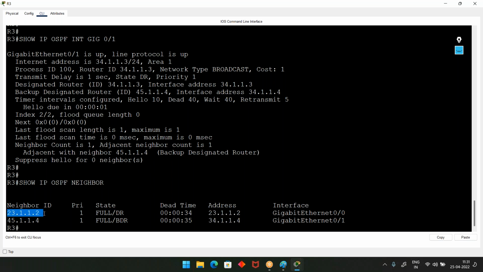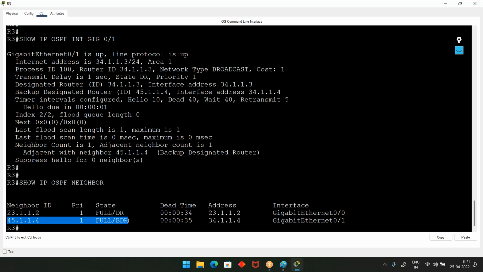For the 45.1.1.4 neighbor, R3 will be the DR, and R4 will become the BDR. So you can check this as well.